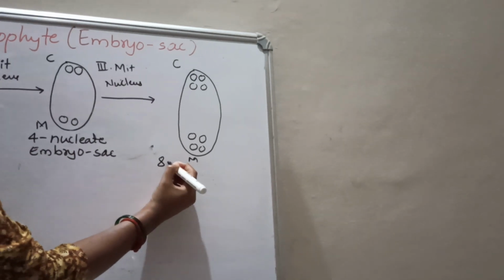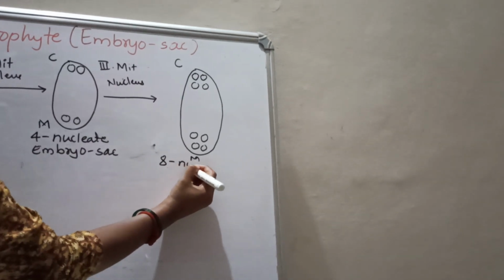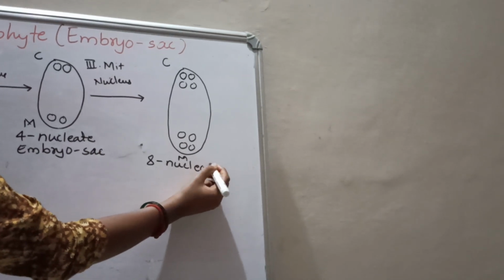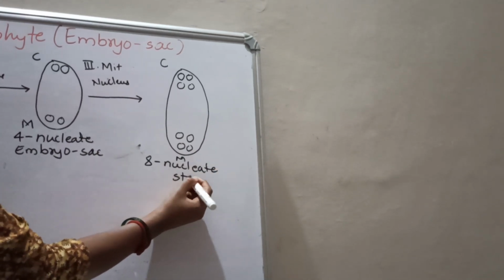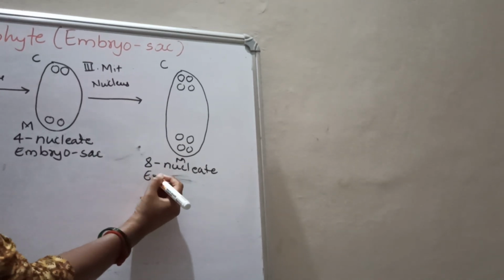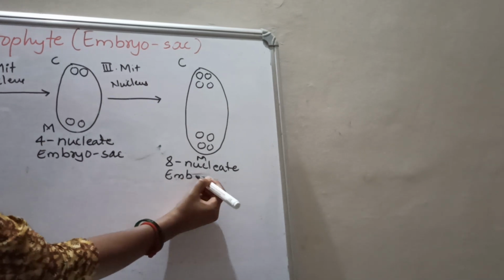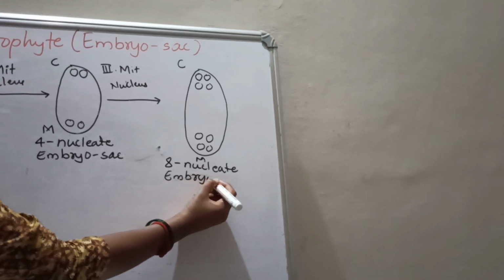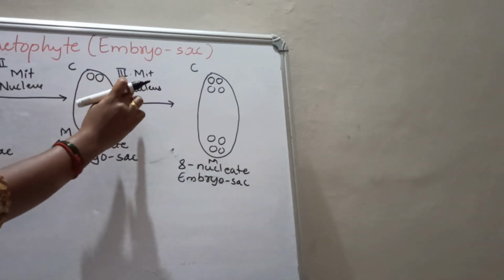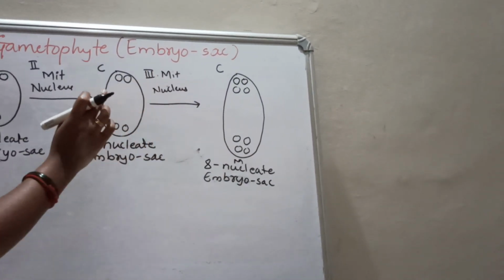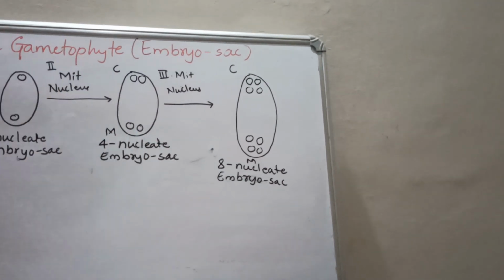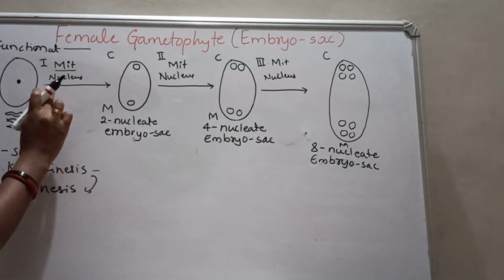Now this stage is called the 8 nucleate embryo sac stage. Here the nuclear division stops. Totally 3 mitotic divisions take place.